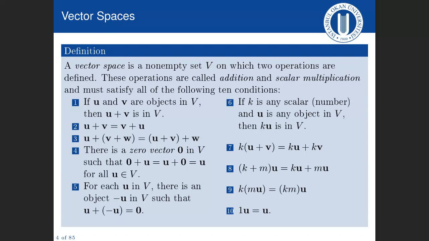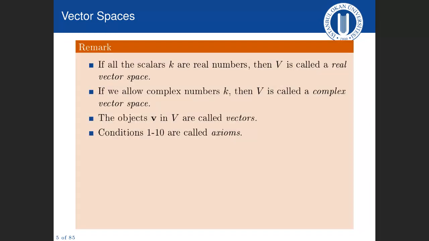If all 10 conditions are satisfied, then we say that our set V is a vector space. Some remarks.